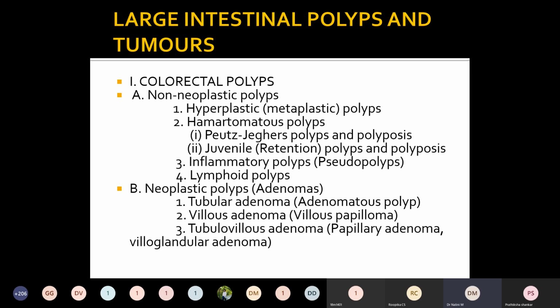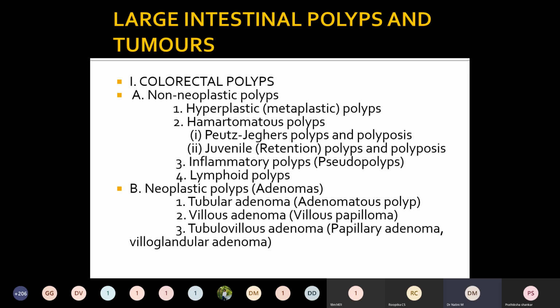Again, under hamartomatous, you have the Peutz-Jeghers polyps and the juvenile polyps. Other than these, we already spoke about inflammatory polyps or the pseudopolyps when we discussed inflammatory bowel disease. And another set of polyps that we can encounter is the lymphoid polyps. These are the non-neoplastic polyps that are most commonly seen in the intestine.